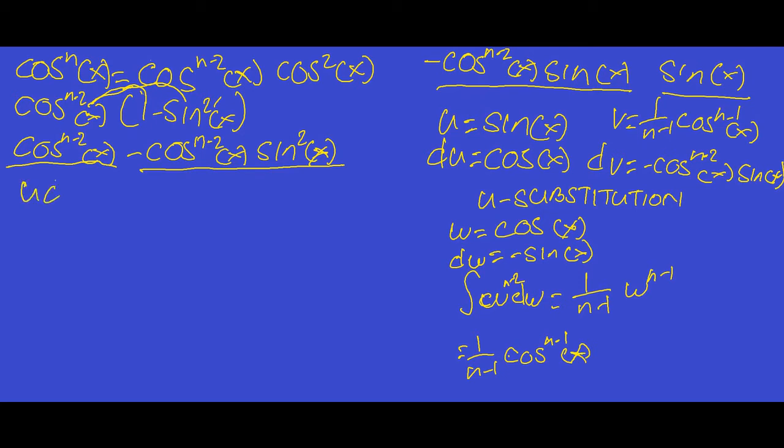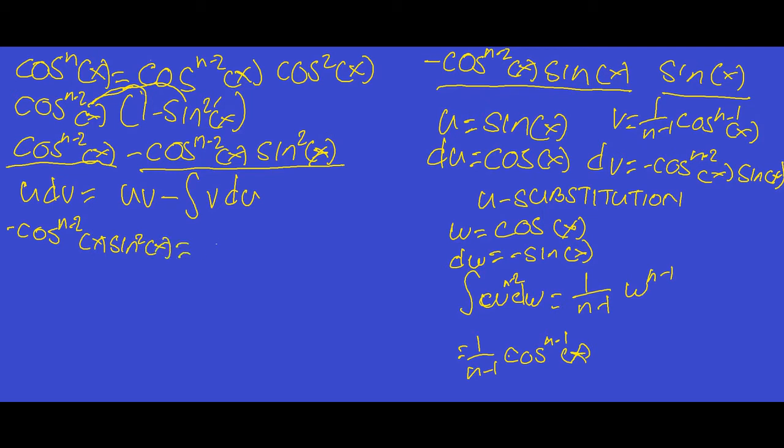So, integral of u dv equals uv minus integral of v du. So, uv is negative cosine x to the power n minus 2 sine squared.